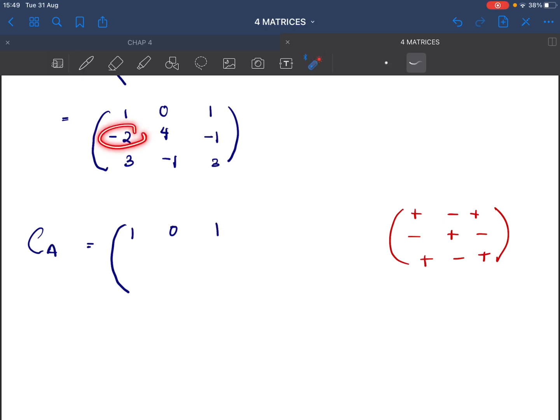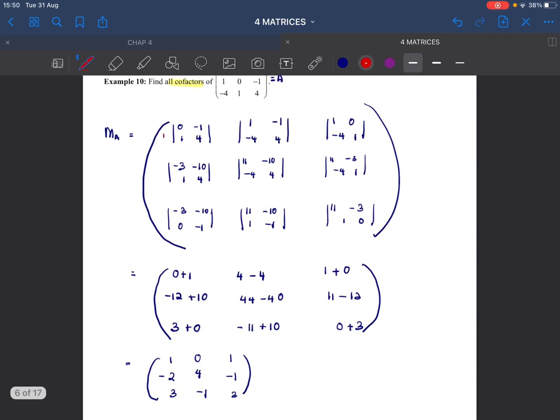So negative of negative 2 we will get positive 2, positive 4, negative 1 will get positive, positive 3, negative of negative 1 we will get positive, so 3. Okay, so that is your answer for the cofactor of A. If you want to skip, do not want to find one by one, you can directly write here positive, negative, positive, negative, positive, negative, positive, negative, positive, and then here is the cofactor of A, no problem, it is allowed.